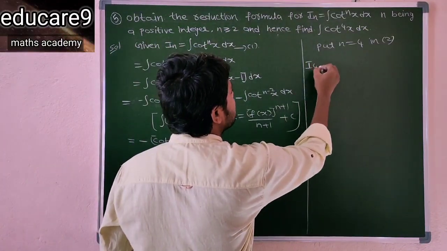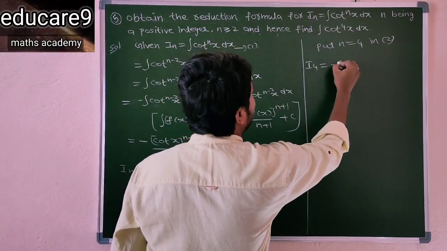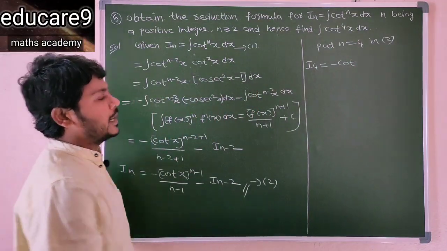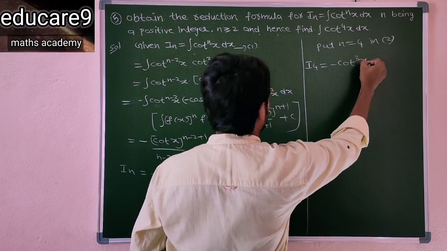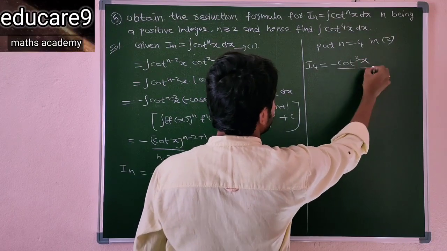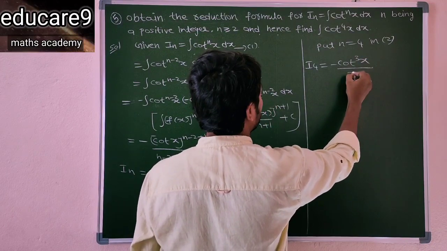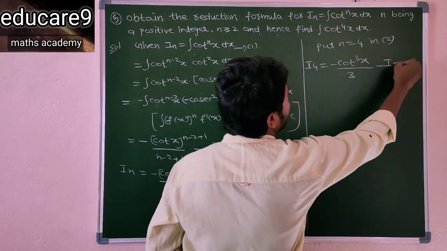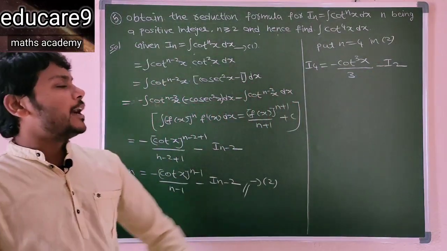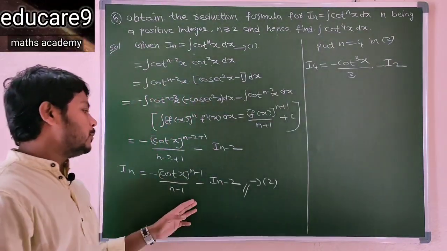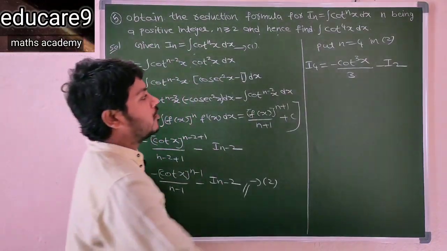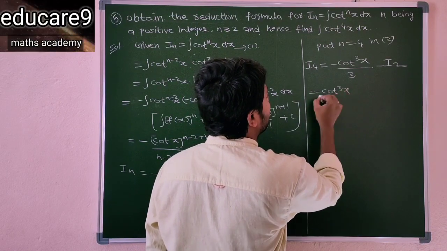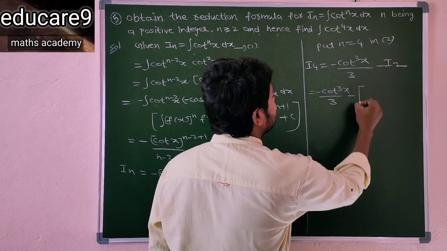I4 is equal to minus cot^(n-1), that is 4 minus 1 is 3, so cot^3 x divided by 4 minus 1 is 3, minus I2. So you need to find the I2 value. So for that again put n equals 2 in equation 2. So what you get? Minus cot^3 x by 3 minus I2.